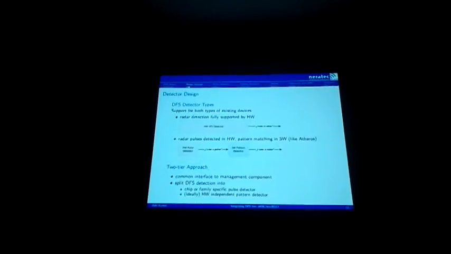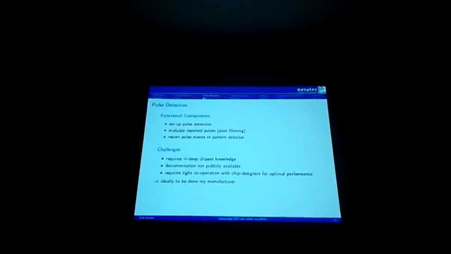The other types of DFS detecting devices are those like the Atheros ones. They detect single pulses and forward them to the software to try to see some pattern. So for the remainder, I will assume the second one that we want to implement. Nevertheless, the interface to the management component remains the same for both of them. Now, I will discuss those two components shortly.